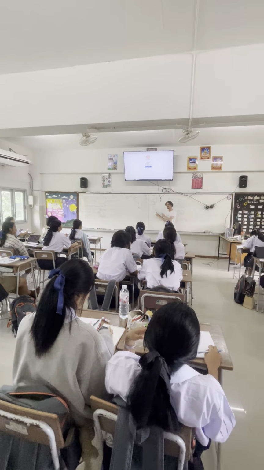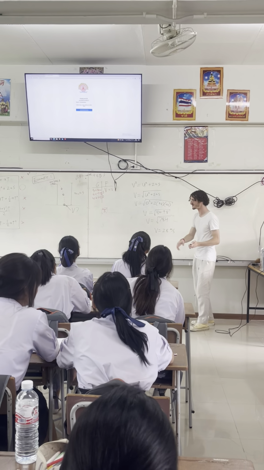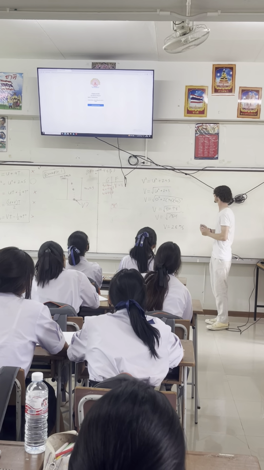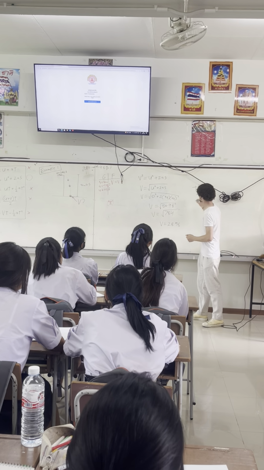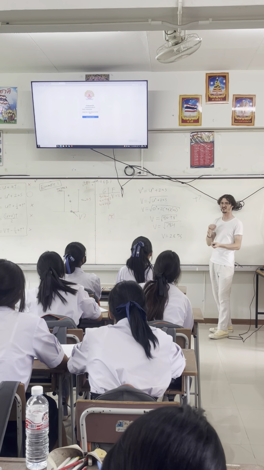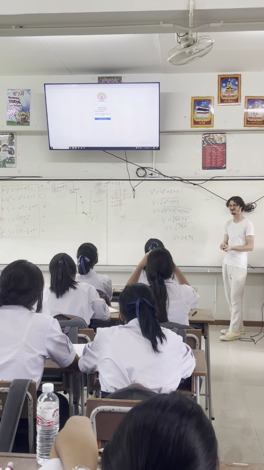So but now we know V. So, new question. How much time is it in the air? How much time? So remember, we have a given and find chart, given time.